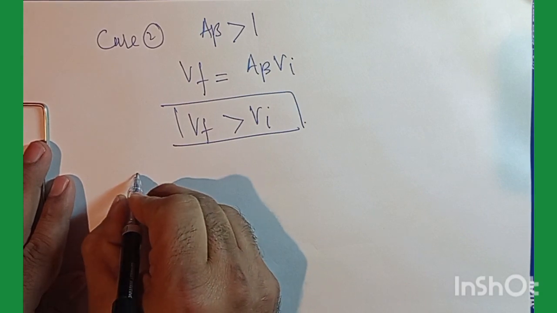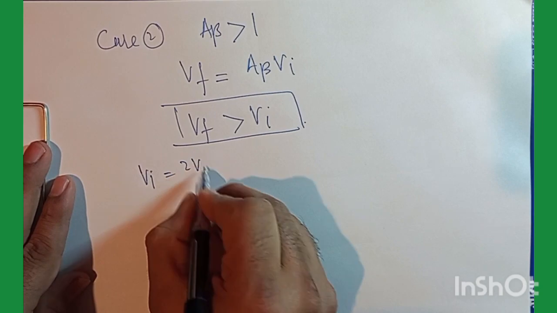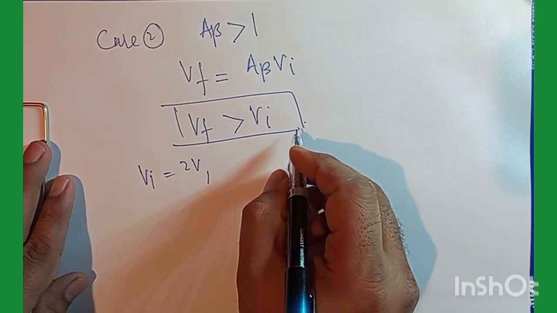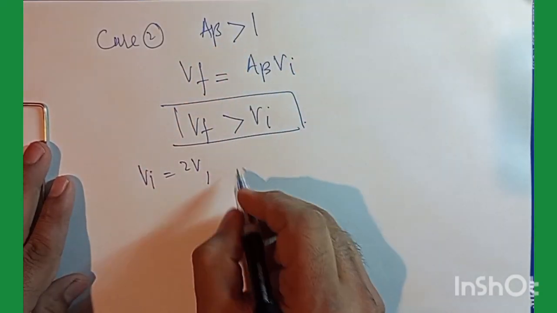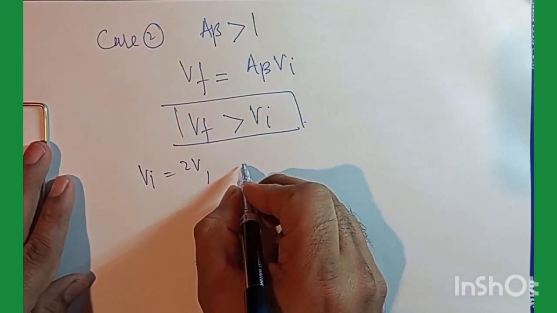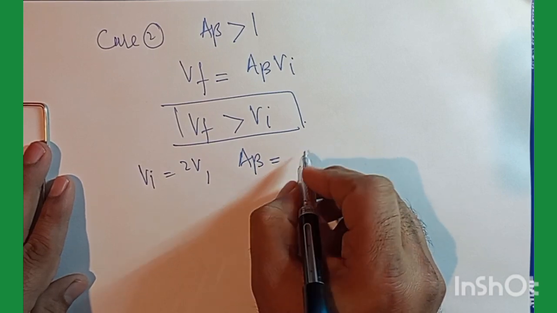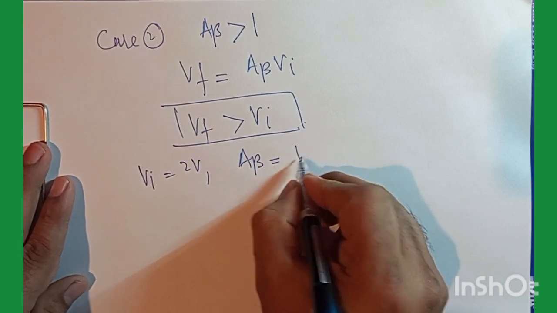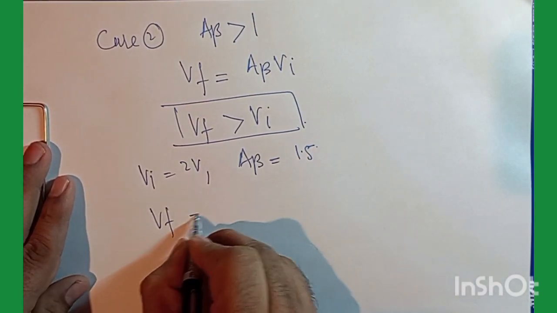If we take the same example where we choose VI equals 2 volts, and here I'm taking A beta greater than 1. So let us assume that this A beta is nearly, say, 1.5. Okay, so in that case, what will be VF?